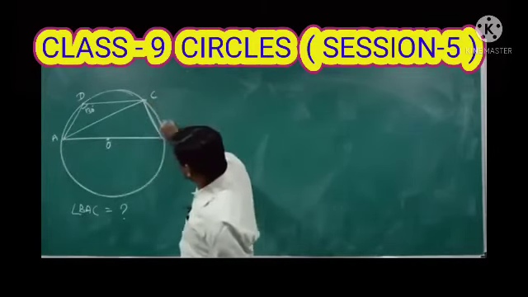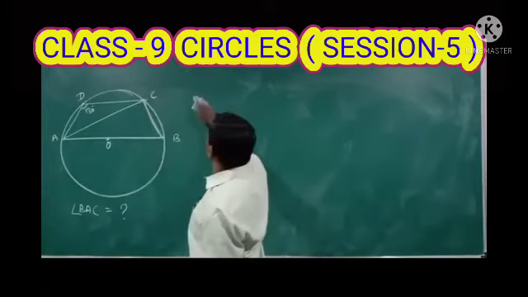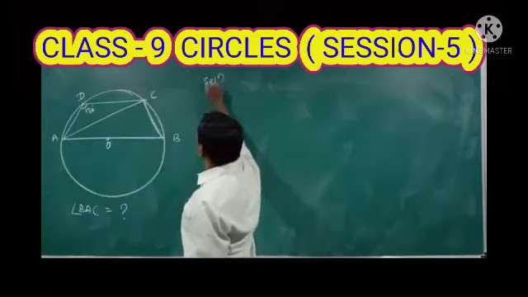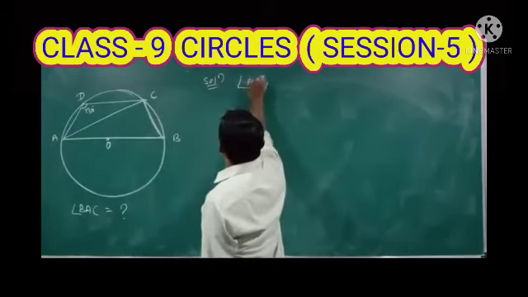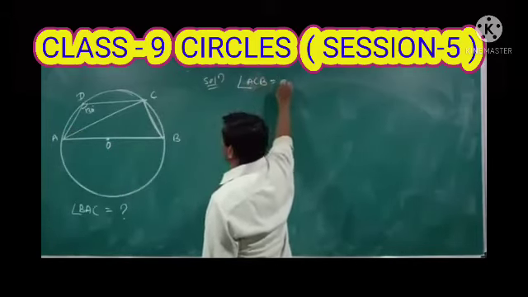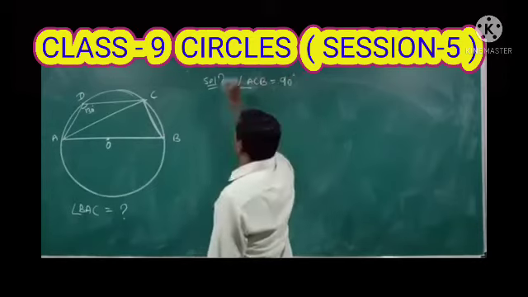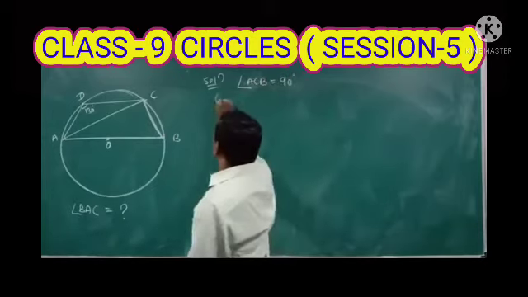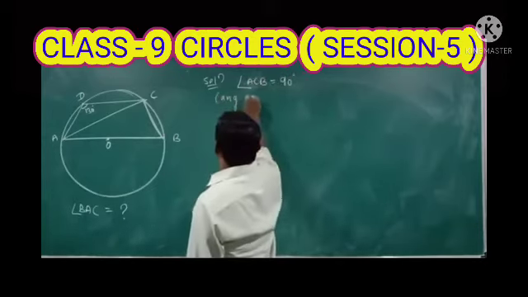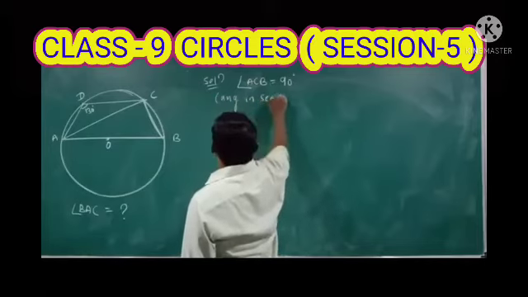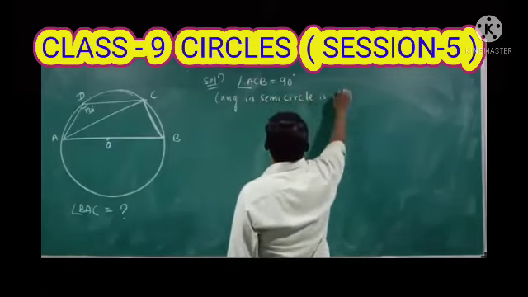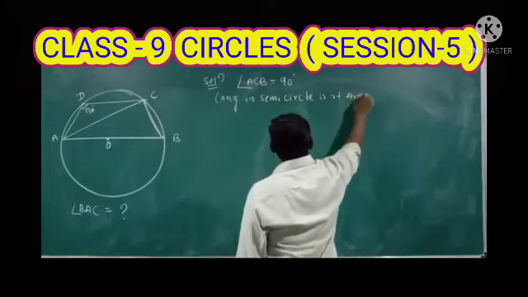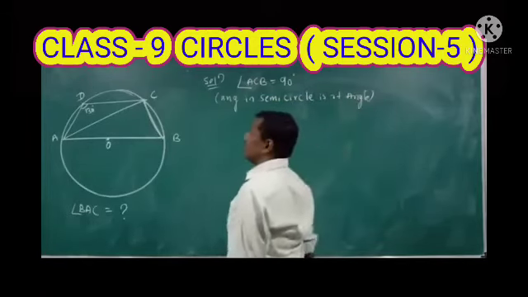So, solution: angle ACB is equal to 90 degrees. Angle in a semicircle is a right angle, which is always equal to 90 degrees.